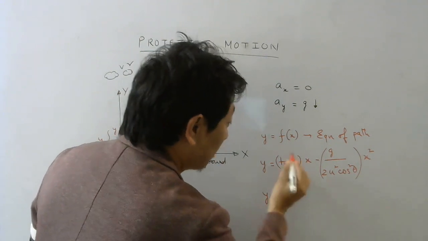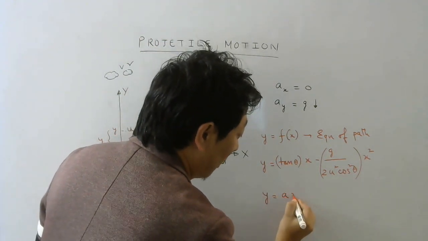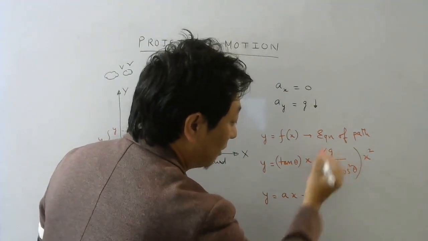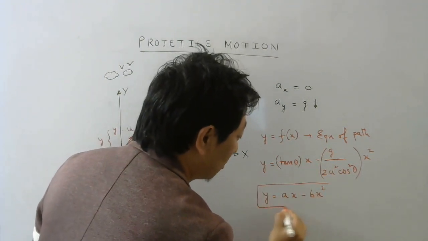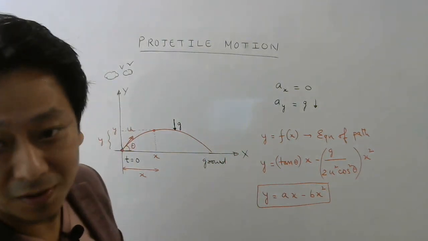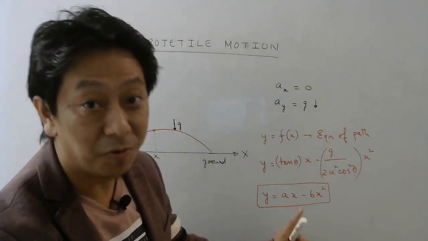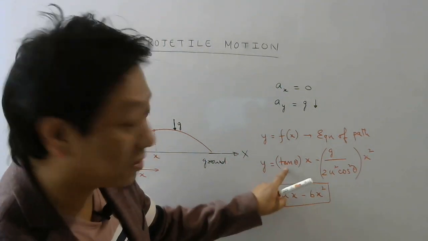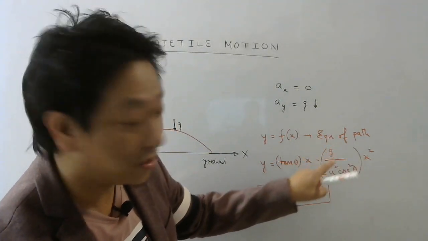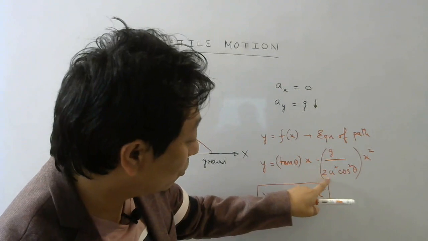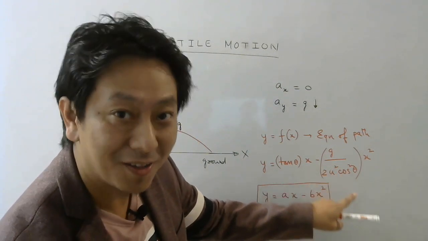Y equals a x minus b x square, where this tan theta can be written as a and this whole bracket thing I can write as b. So this is the equation of your trajectory. When you write y in terms of x, a represents this constant tan theta and b represents this constant which has g by 2u square cos square theta.